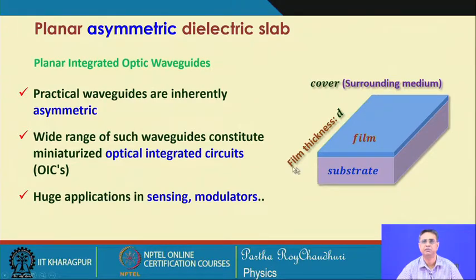Sometimes it is deliberately made asymmetric, and a wide range of such waveguides constitute miniaturized optical integrated circuits, that is, what we call ICs, and that is the most abundant, huge application of these waveguides in sensing, in modulators, and in the telecommunication nodes, junctions, and integrated optic devices.